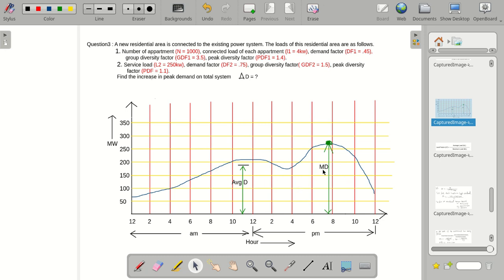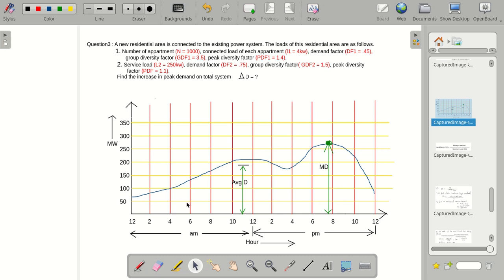This is called the maximum demand. The maximum demand occurs at around 8 p.m., and this is the average demand. The average demand can be calculated by finding the area under this curve and dividing it by 24 hours.